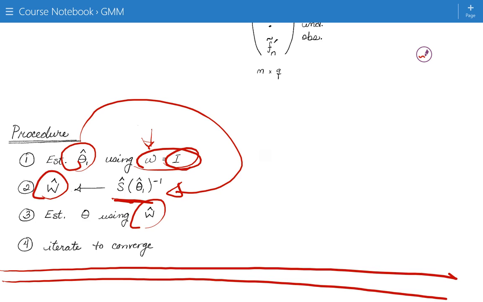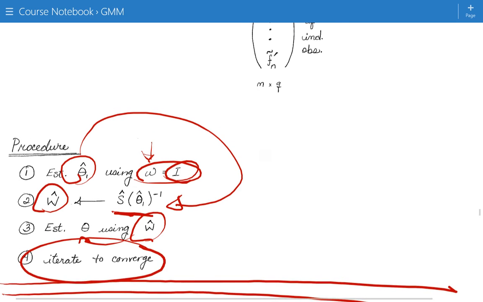Then using that weight matrix, you can estimate theta hat again, and iterate this process to convergence. That is a way of estimating generalized method of moments, where you start with an identity matrix, use the information from that to create a better matrix, and iterate yourself to a solution. So this ends the third session of the Generalized Method of Moments lecture.